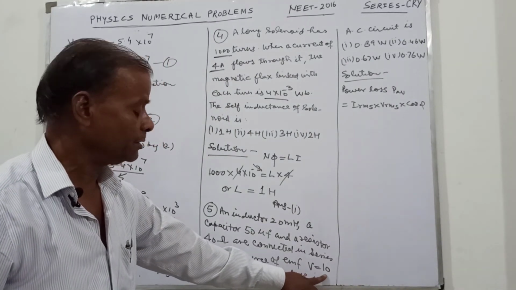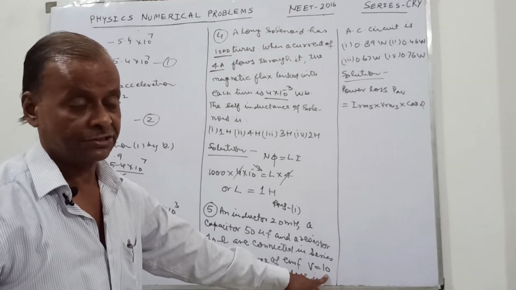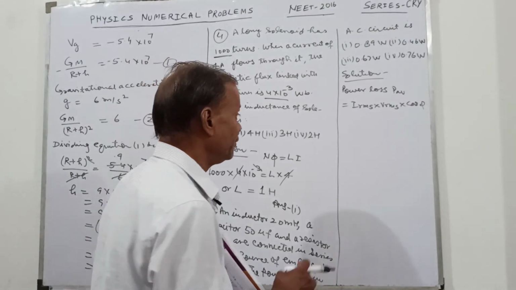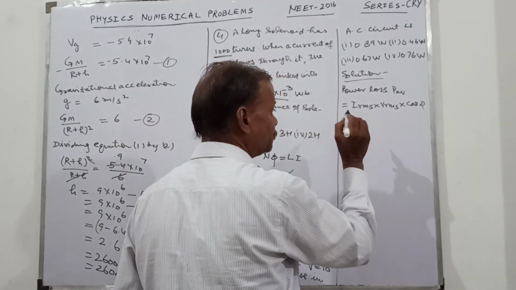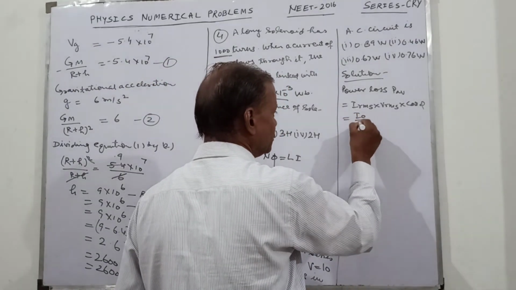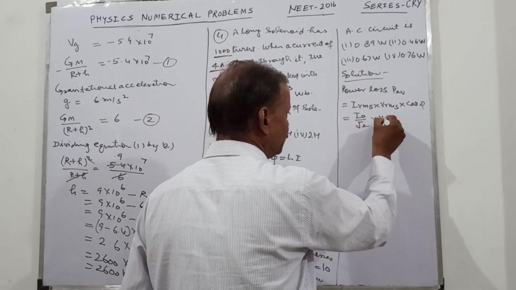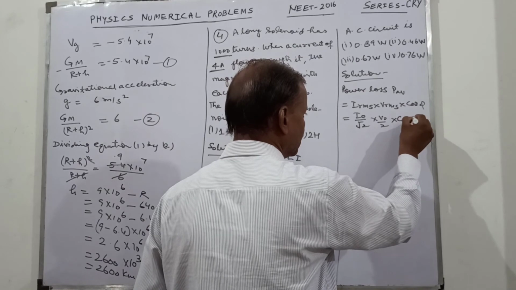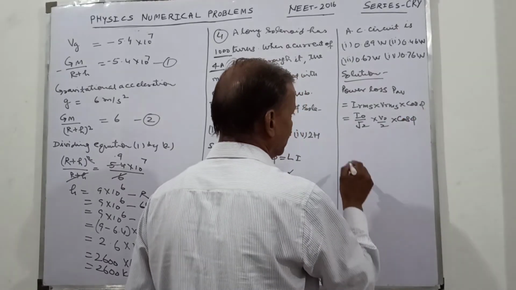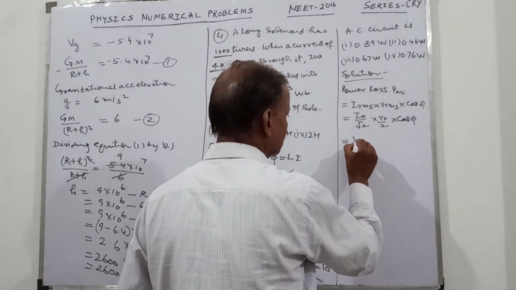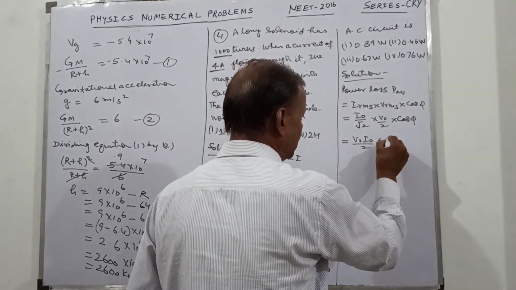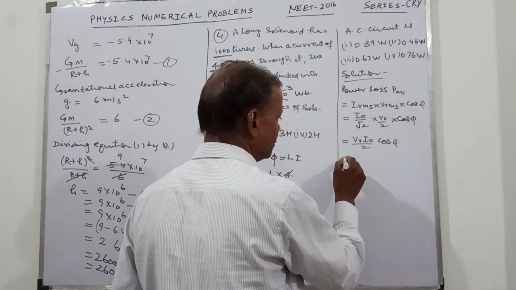We are given only V naught, which is 10, so you have to convert these into the peak values. This should be known to you. So this is V naught I naught upon 2 into cos phi.